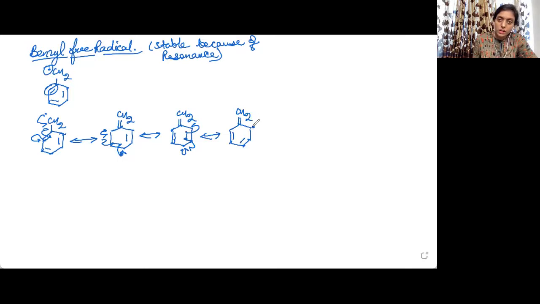Okay. Now again, we are coming back. This free radical and this double bond, they are in conjugation with each other. So here, one electron here and the other electron back to its position. So this electron will keep jumping from one atom to the next atom and energy will be getting consumed.